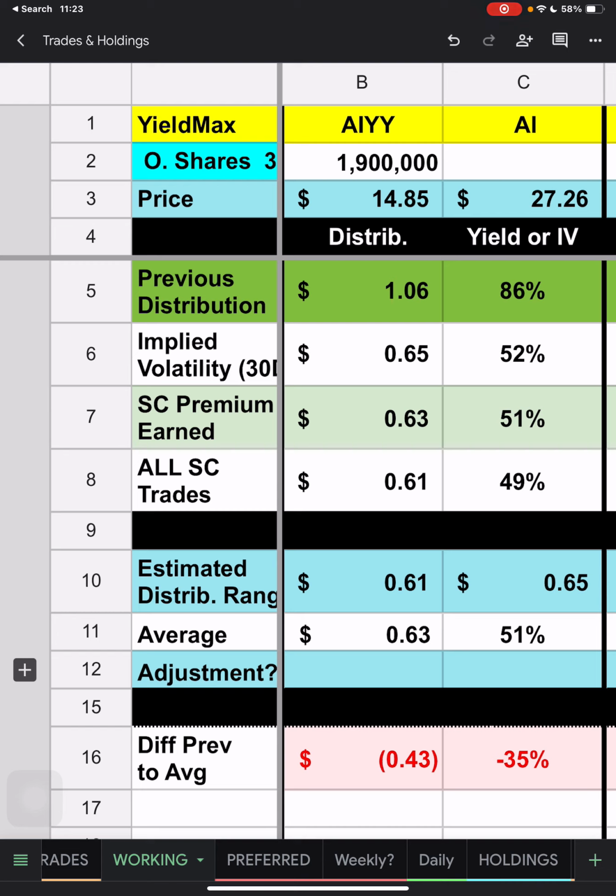So when we look at the trades, it's those plus amounts when they do the sale. And then the next one is going to be all short call trades. So it will be the premium that they brought in, and then it will be minus however much it cost them to close those out when they did the buy to close at the end.